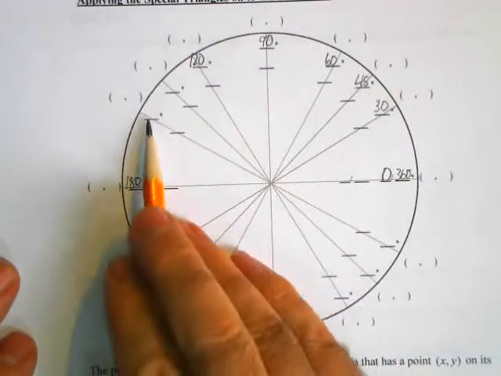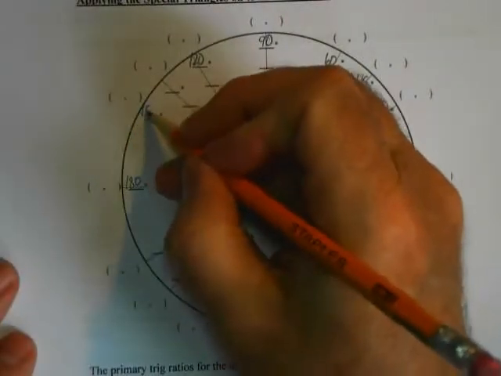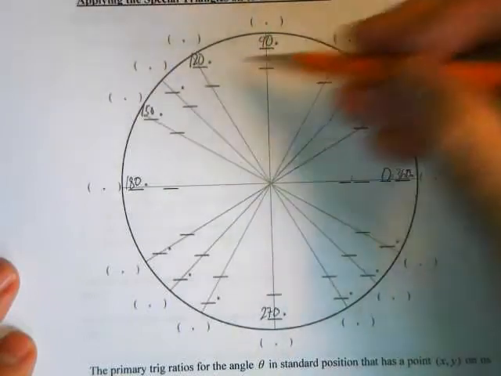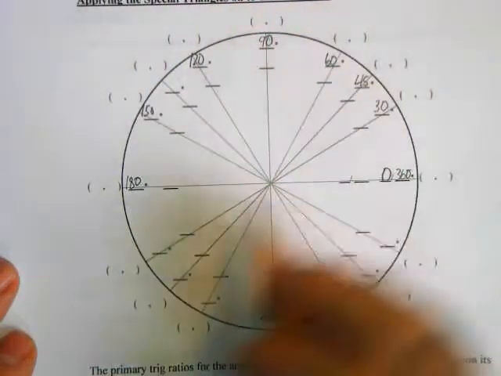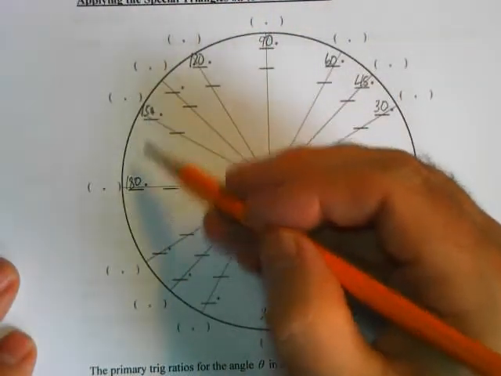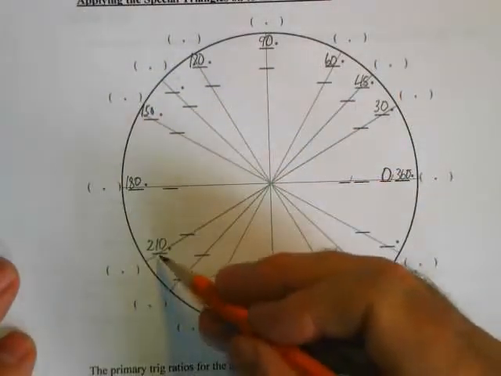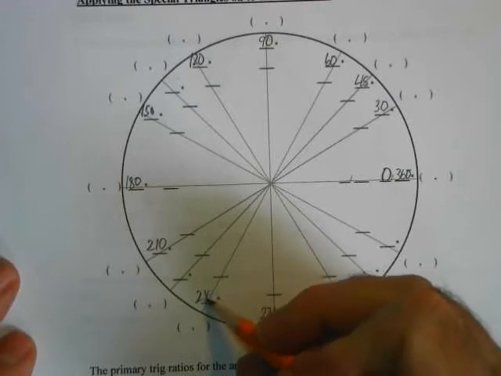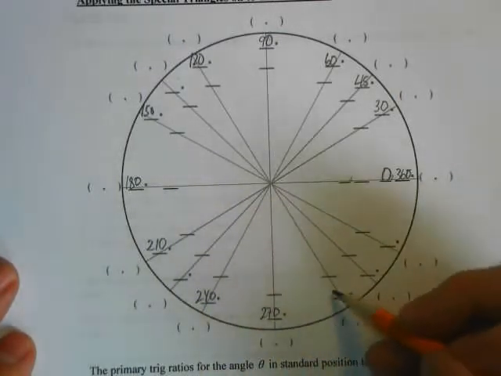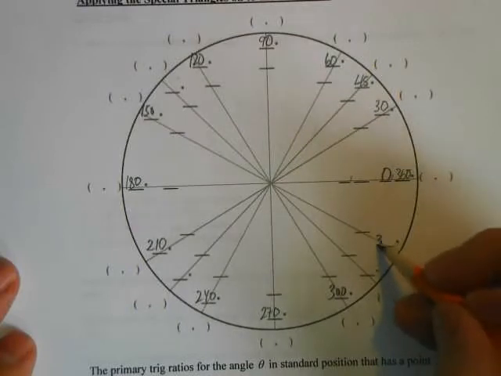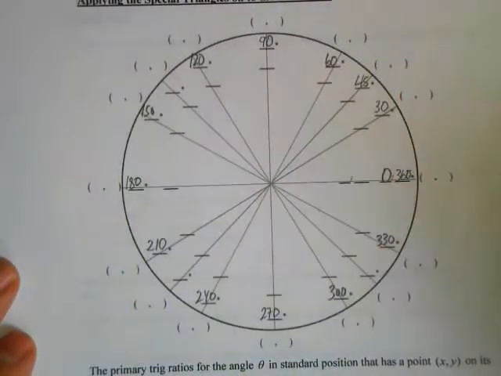Another 30 takes us here, 150. So we're skipping by these ones, these are going to be multiples of 45. We'll do those at the end. 150, 180, keep adding 30 degrees, 210, skip that one, 240, 270, 300, 330, and then we're back at 360, which is another multiple of 30.